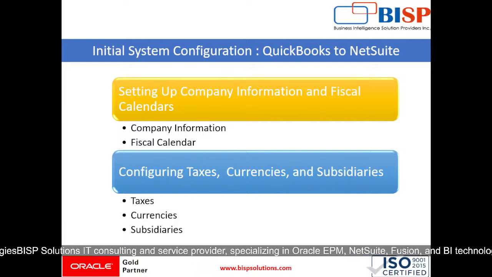Then we will be configuring taxes, currencies and subsidiaries. So if our La Ville Inc. company has subsidiaries, let's suppose 2 to 3 subsidiaries are there, so we have to jot them down in our NetSuite so that if there is any entry for the same subsidiary, we don't have to struggle in matching or putting it into that particular subsidiary.